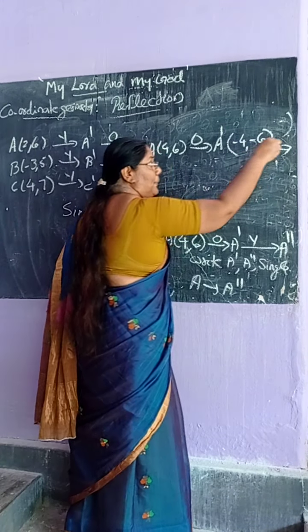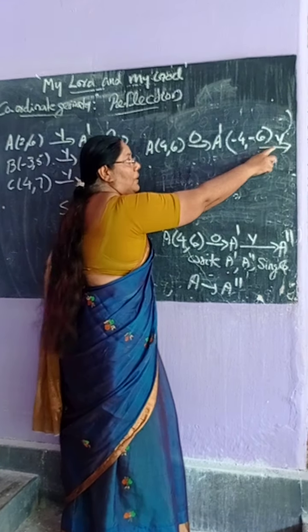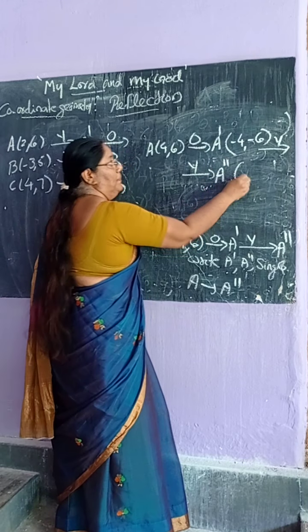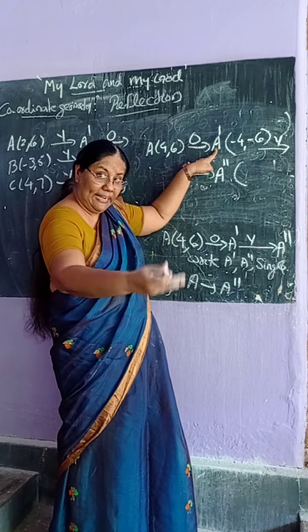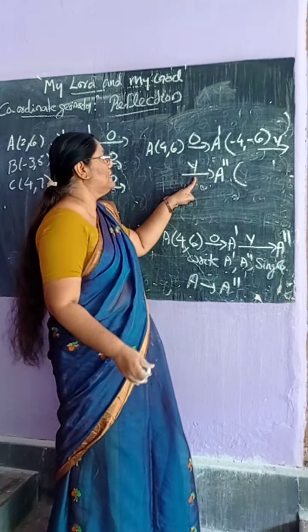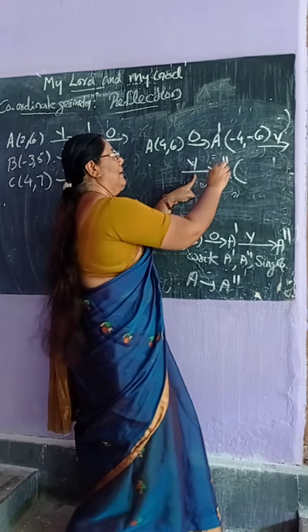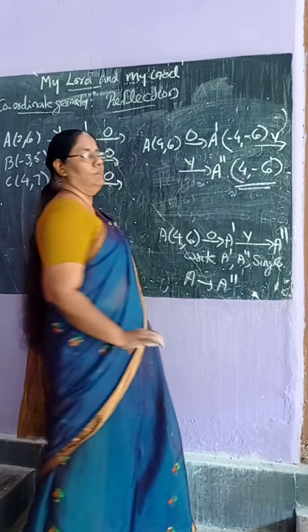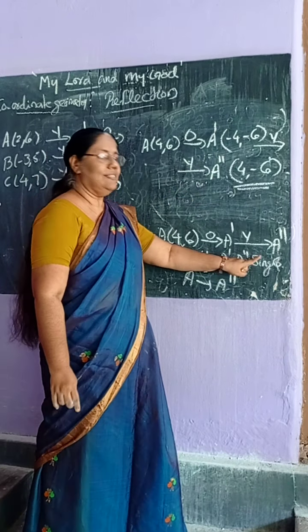The same line, arrow, then y-axis. Here no place. Therefore y-axis. A double dash. First reach the point A dash, then that same A dash reflected in the y-axis. Y-axis means which coordinate changes? X. (4, -6). Answer is there. A dash is there, A double dash is there.